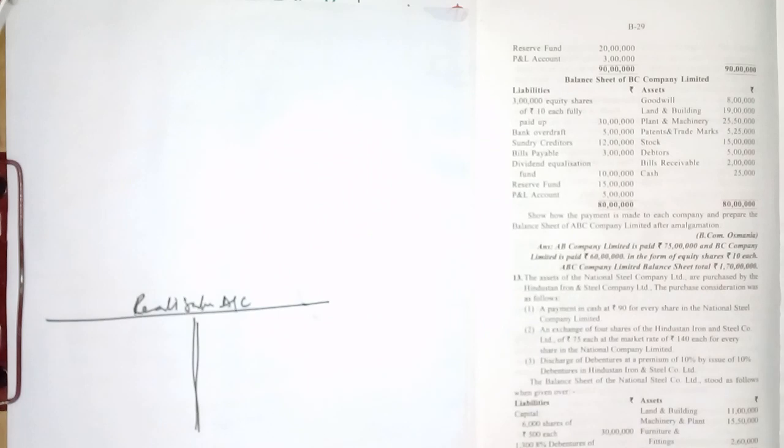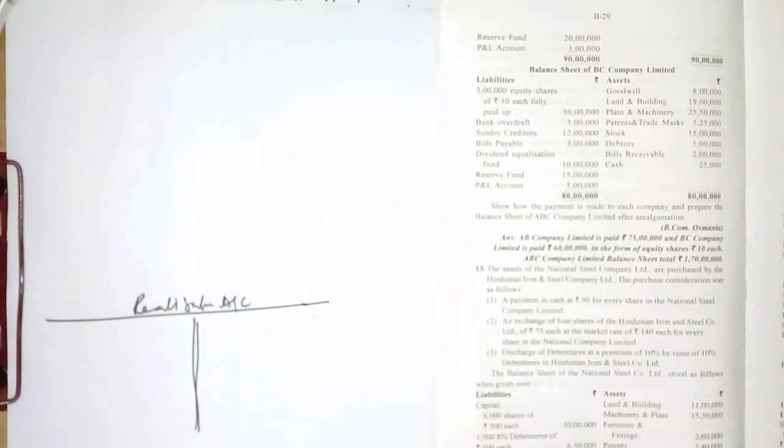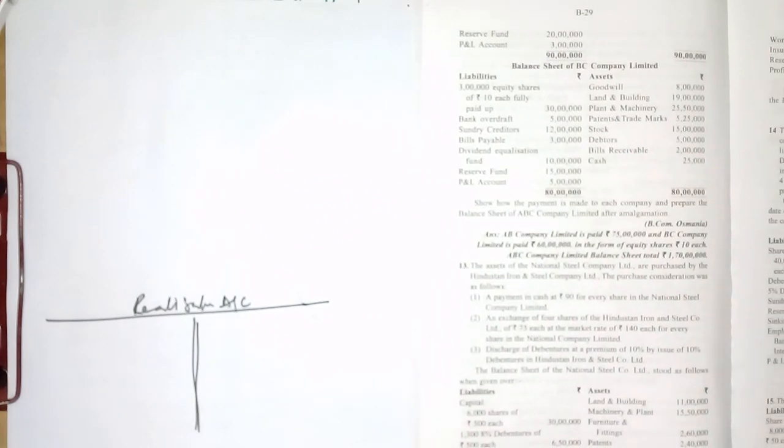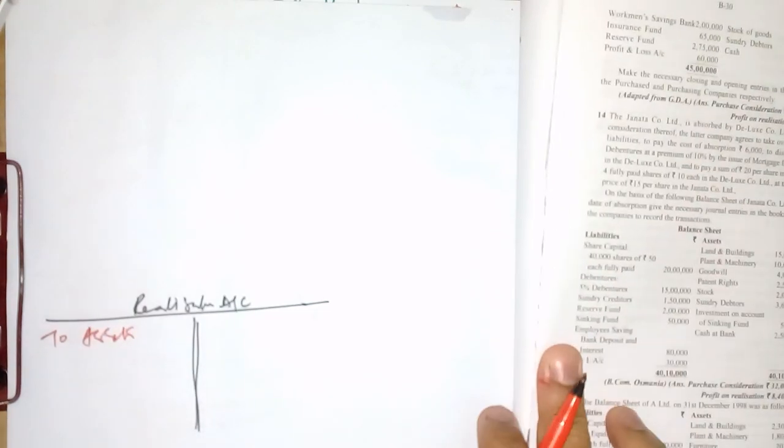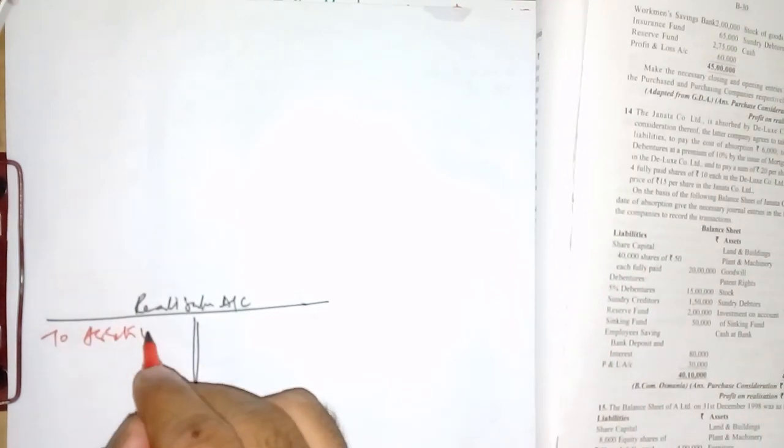So I'll post the entries first, right? Then we will proceed further. So the entries would be, first realization to various assets. So in realization account, 2 assets. So total value of assets is 40 lakh 10,000.